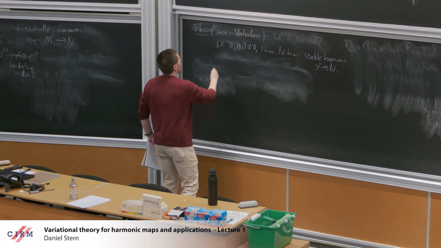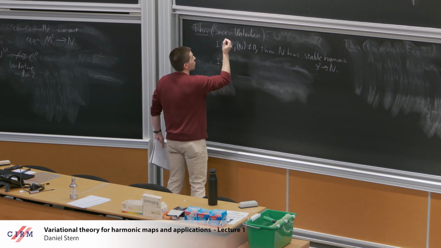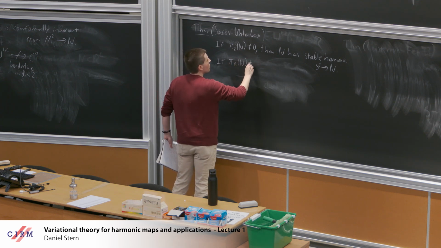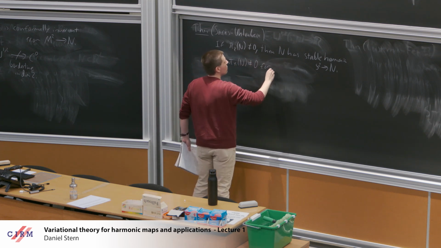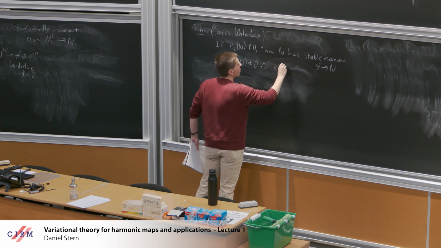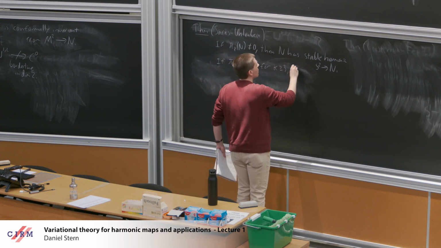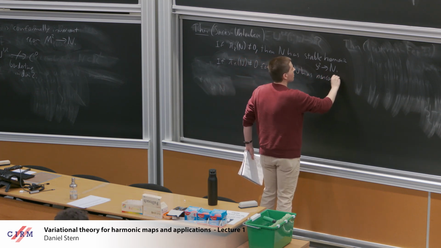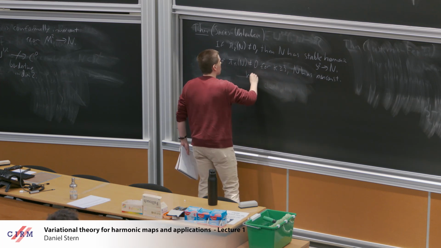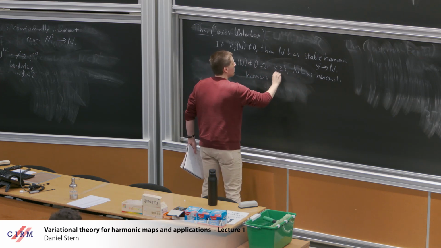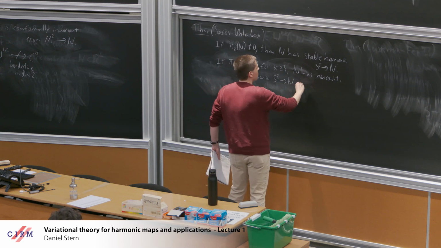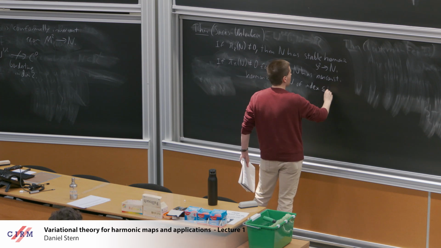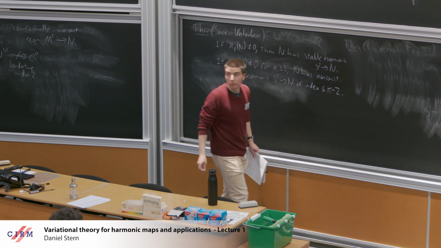And more generally, by running min-max versions of the same argument, if pi k of n is non-zero for k bigger than or equal to 3, then n has a non-constant harmonic map S2 into n of index at most k minus 2.